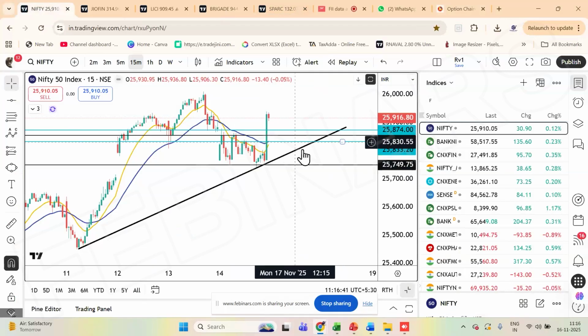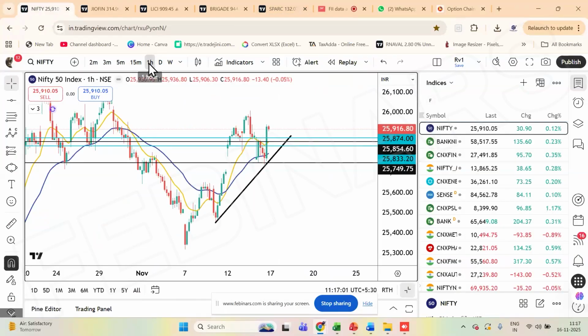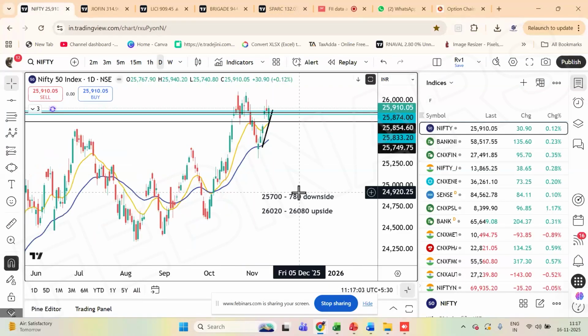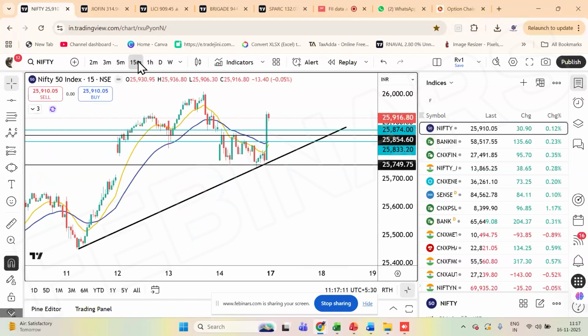Call writers are active near 26,000 and 26,100, and some part of it at 25,900. But if we cross the above zones of 26,000, 26,020 and sustain, then the short covering would trigger a humongous rally of wave 3, which is what we are expecting.